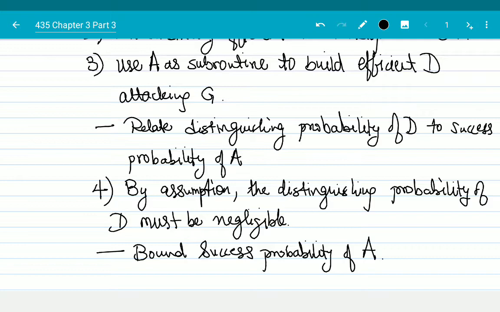So it succeeds with negligible probability.